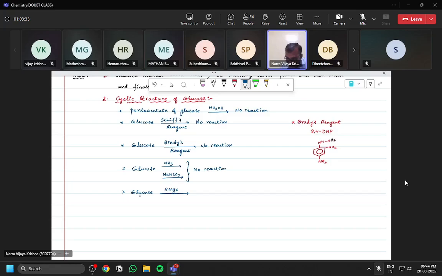But glucose with Grignard reagent shows only an acid-base reaction, which means only the presence of OH groups is confirmed, but no reaction with the aldehyde group. So all these reactions confirm this.